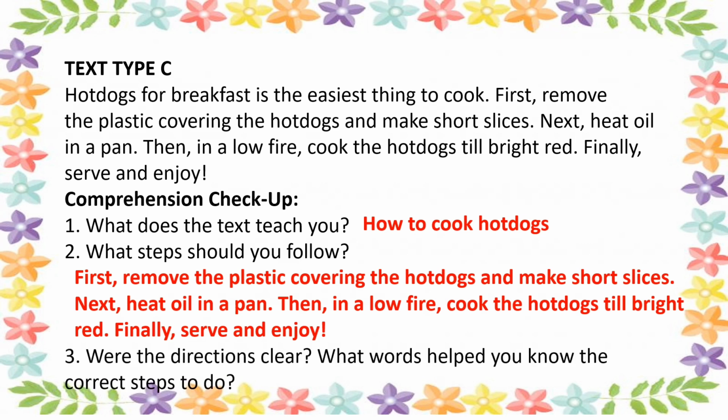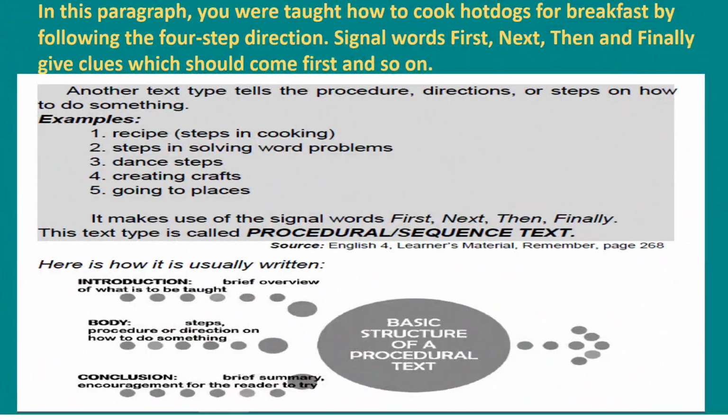Number 3. Were the directions clear? What words help you know the steps to do? Yes. First, next, then, and finally. This is an example of the basic structure of a procedural text.